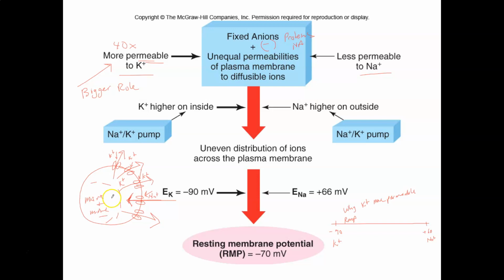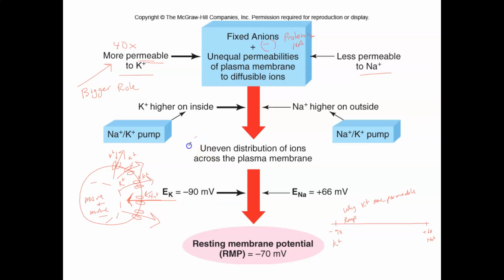And so as that happens, you're going to see a slowing down to some degree of potassium and a speeding up of sodium. So potassium movement begins to slow, sodium movement begins to increase, and eventually what you're left with is a steady state scenario that takes place, right?